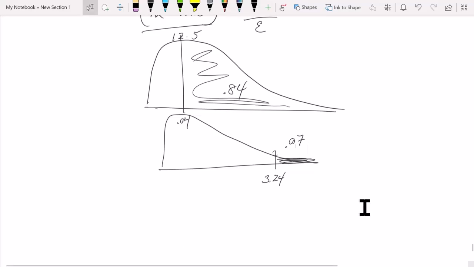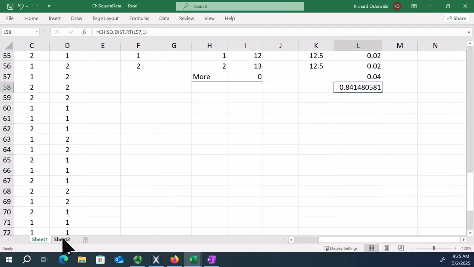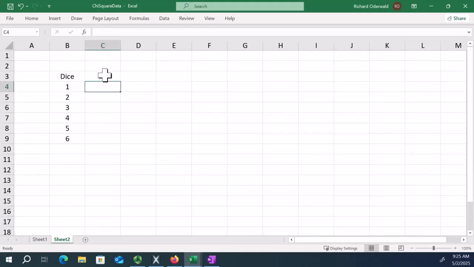I'm going to go to another sheet, and we're going to roll dice. So just make a list, 1, 2, 3, 4, 5, 6. We just need the value for the dice that we're going to roll.